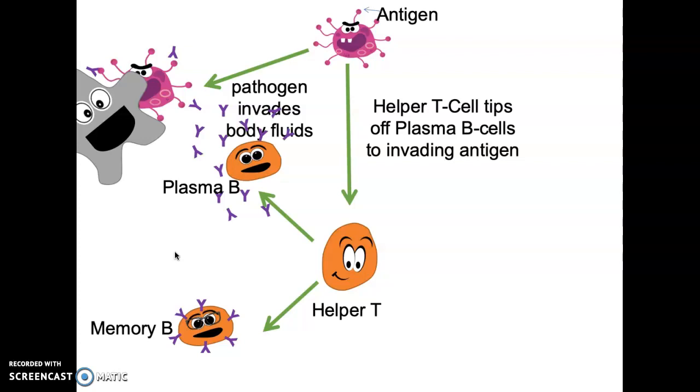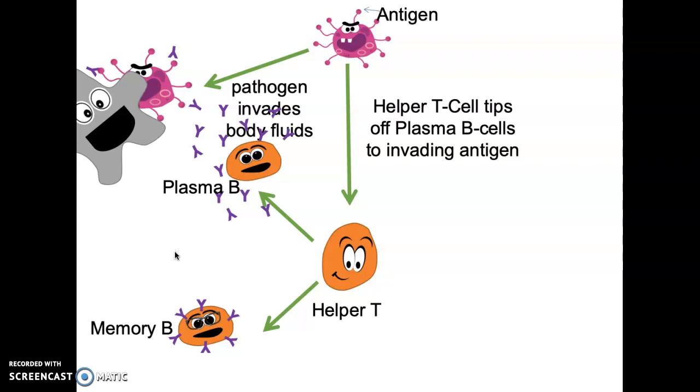That's why I drew little glasses on our memory B cell, as they're the smart ones. They're the ones that develop a little hard drive, a little archive of all the invading pathogens we've ever had. So this whole B cell response is called the humoral response, because the pathogen is free flowing.